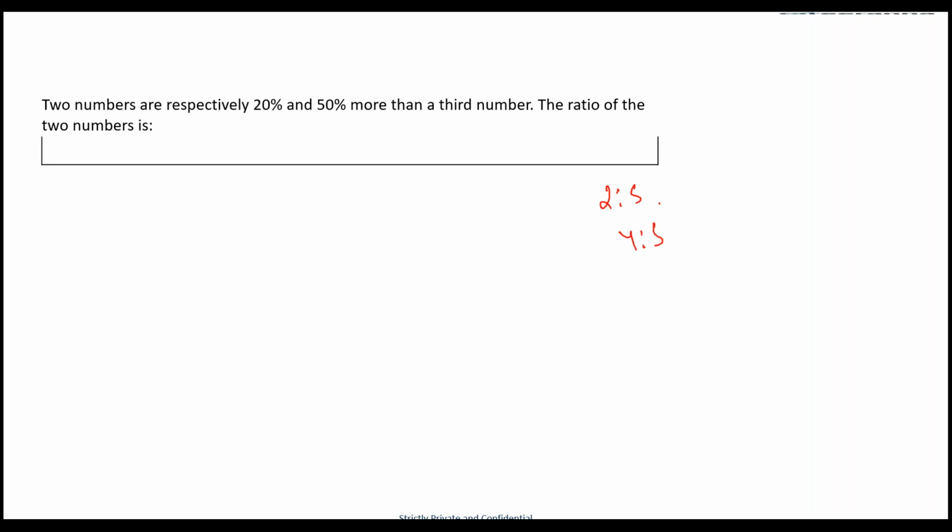Now everyone is getting 4 is to 5. Okay, 2 by 5.